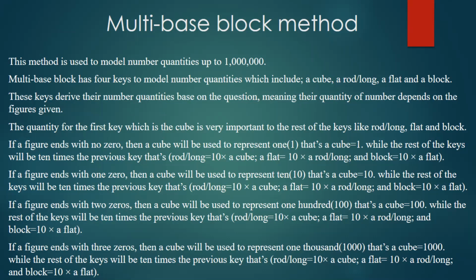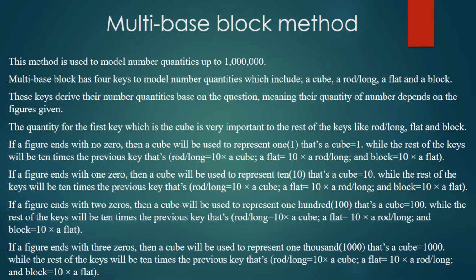That is, a rod, which is the next key after the cube, will be 10 times a cube. A flat, which is the next key after the rod, will be 10 times a rod or long. And finally, the block, which is the last key under the multi-base block, will be 10 times a flat.